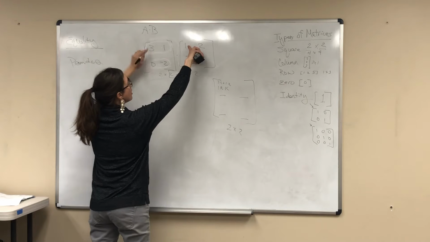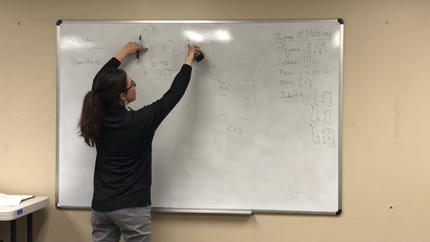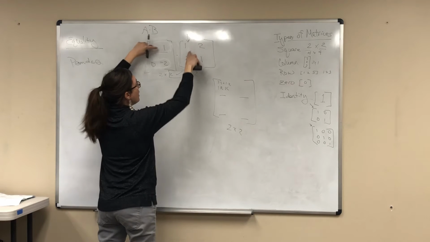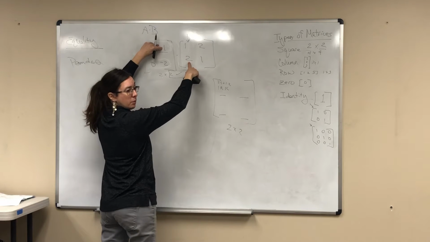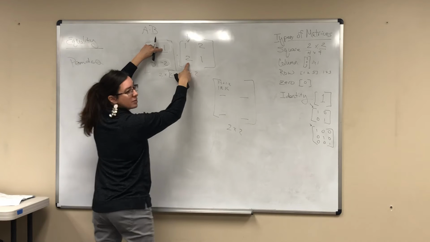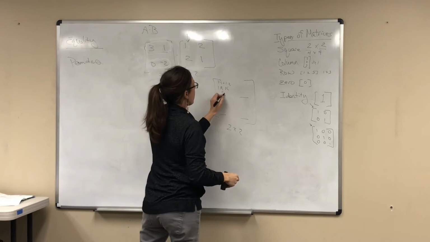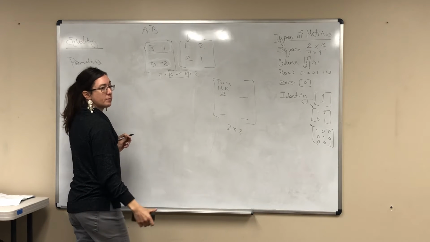First row, first column, first numbers, second numbers. We just work our way down. Multiply these two, add them to multiply these. So 3 times 1 plus 2 times 1 gives us 5. My answer for that first space is 5.